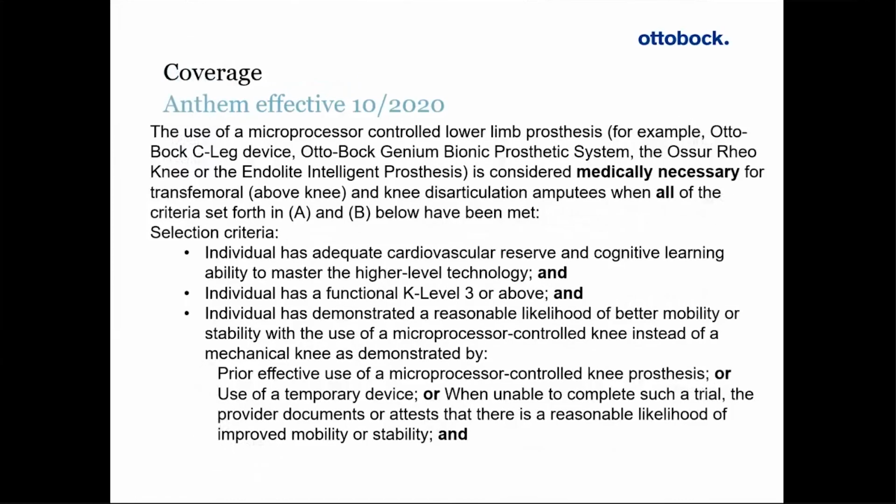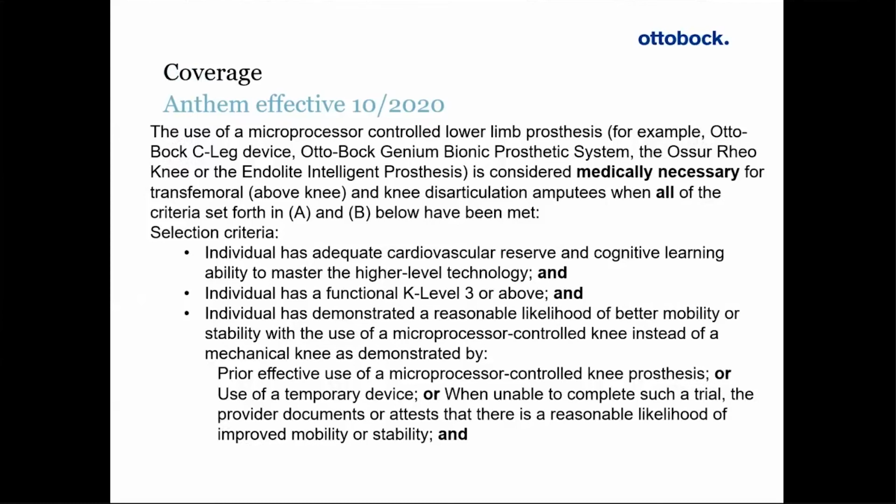Another big payer in the marketplace is Anthem, and we are seeing that Anthem is really sticking to K3 or above. There are some new criteria in there, so if you are fitting a K3 patient, you want to be sure that your physician notes discuss adequate cardiovascular reserve and cognitive ability. That typically would be in the physician notes.